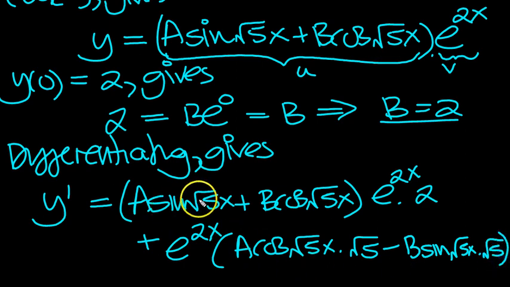Close bracket. So that was u dv dx plus v du dx. Sine went to cos of the something multiplied by the something differentiated, and minus b lots of cos went to minus sine multiplied by the something differentiated. There we go.